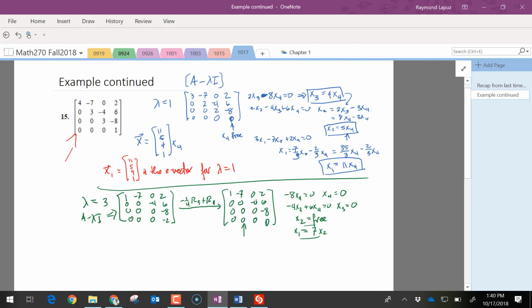I was hoping we'd get 2 solutions, but we only got 1. Anyways, so then your vector is going to be 7 x2, 1 x2, and then zeros for the rest.